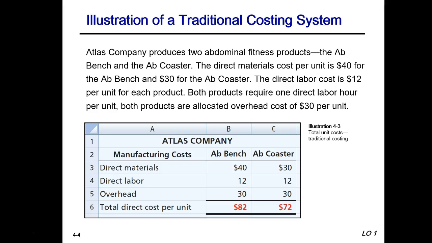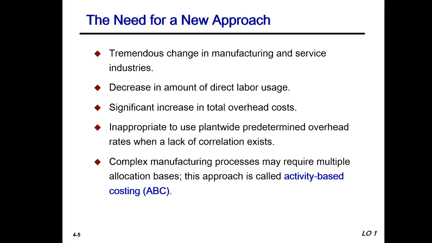So as you see here with the ab bench, the materials are $40. The direct labor and overhead will be the same for both units, whereas in the ab coaster, the direct material is only $30. So our costs for the ab bench total $82. Our costs for the ab coaster total $72.